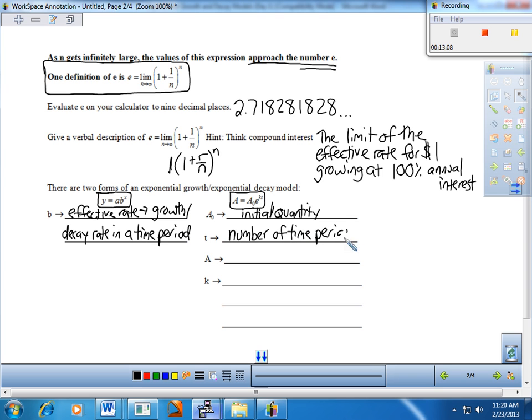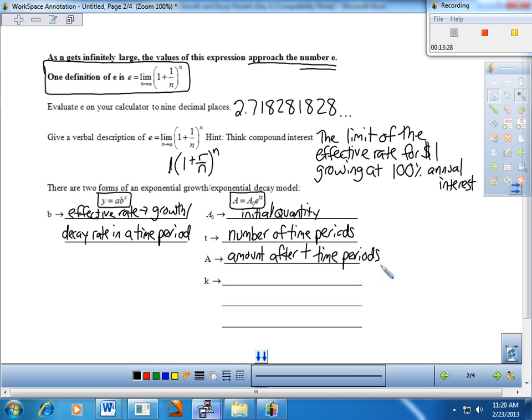Okay, no big deal there. The independent variable, typically in terms of time. A, of course, is the dependent variable, and that would be the amount after t time periods. So A depends on t as usual. So in this case, amount after t time periods.